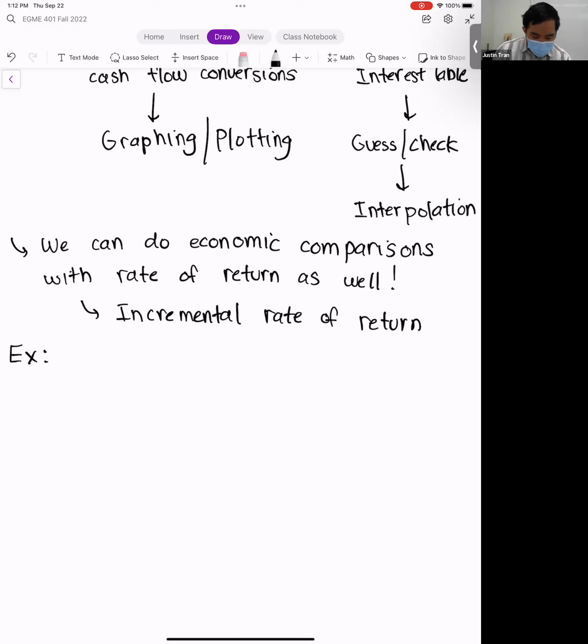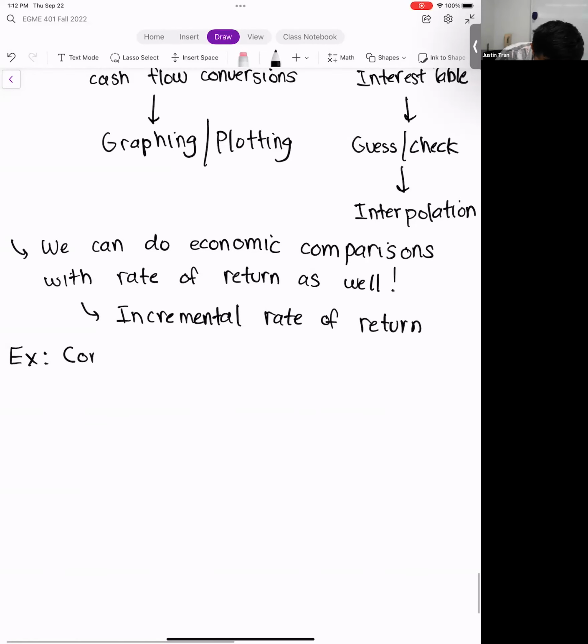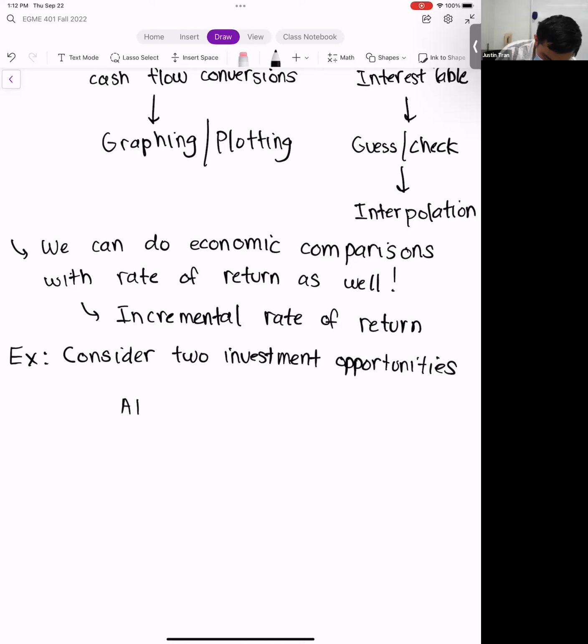Let's say that you're considering investing some of your money between two of these alternatives. We'll call them alternative 1 and alternative 2.